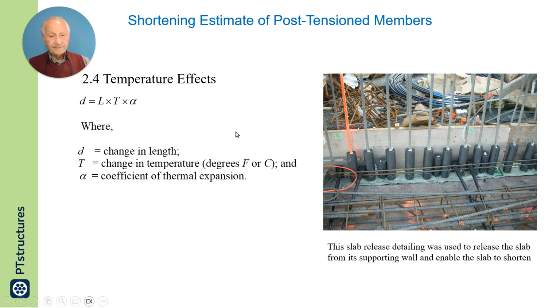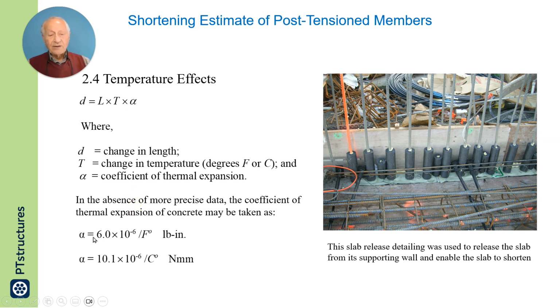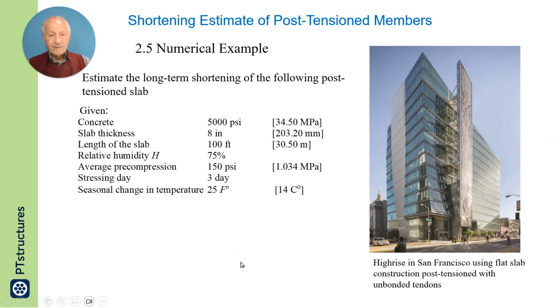The temperature effect, coming back to it, is the length of the member times the temperature change times the coefficient of thermal expansion, and the coefficient of thermal expansion is given here for concrete, depending on which system of unit you use.